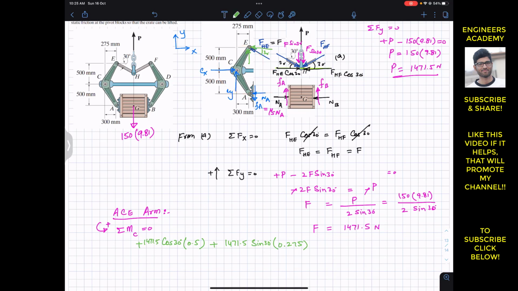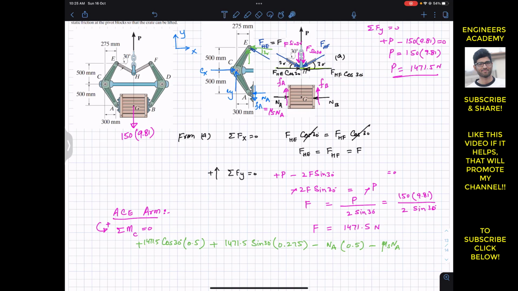Now this NA is producing the clockwise moment about point C. So I will write minus NA, and the perpendicular distance of this NA from that point C is 500, which in meters is 0.5. Similarly, this FA is producing the clockwise moment as well. So I will write minus, and FA is mu S times NA, times the perpendicular distance.